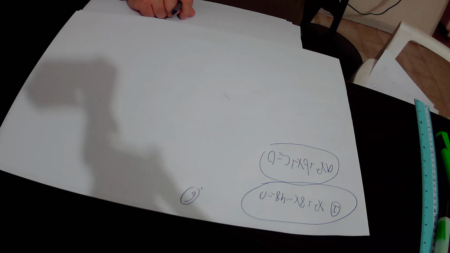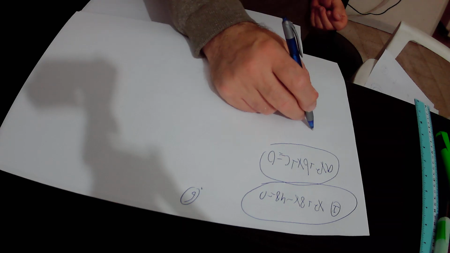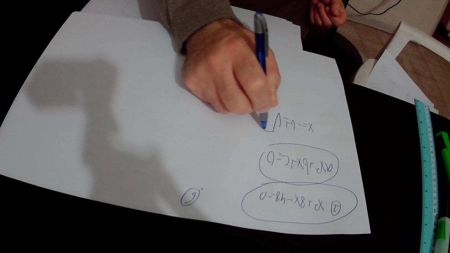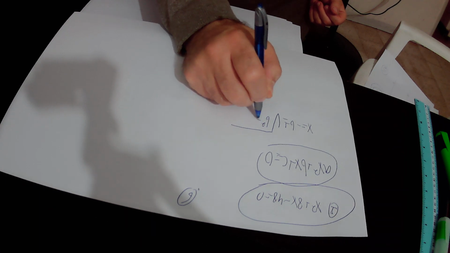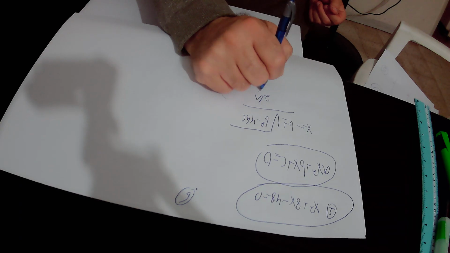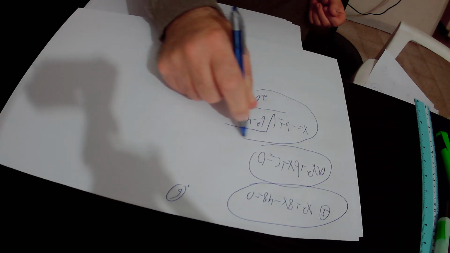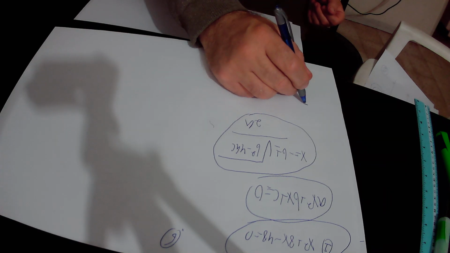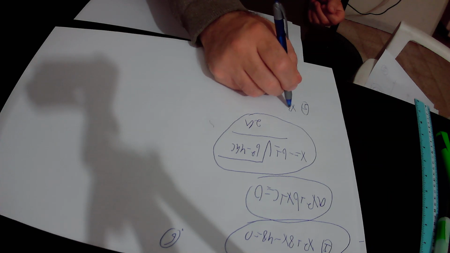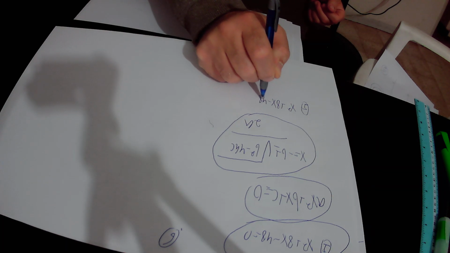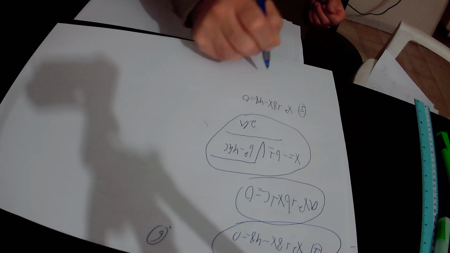And we find out the value of x according to the following formula. x equals minus b plus minus square root of b squared minus 4 times a times c over 2a. Okay.